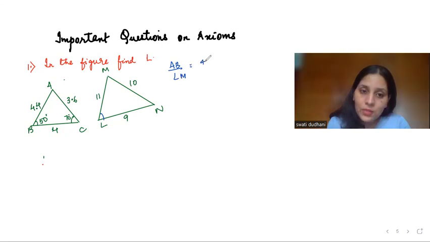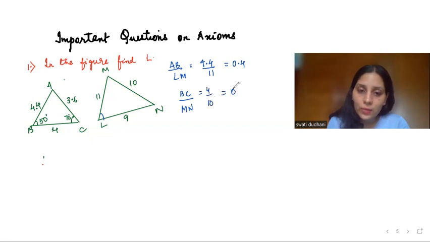AB by LM is 4.4 divided by 11. Upon calculating, we get 0.4. The next one is BC by MN, which is 4 by 10, so we get 0.4. And the last one is AC by LN, which is 3.6 divided by 9.